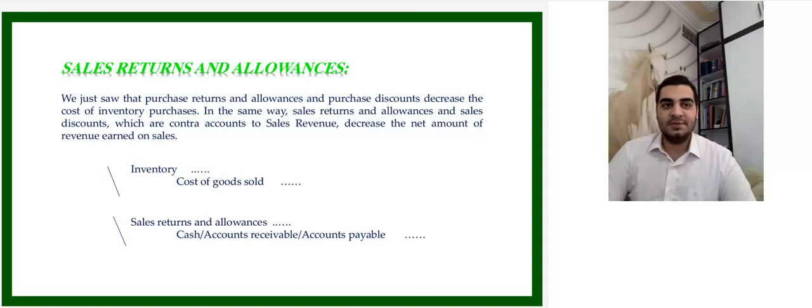So first, we debit our inventory, and then we credit our cost of goods sold. This is for returns. And then the second entry, sales returns and allowances are debited, and obviously cash and accounts receivable are credited.